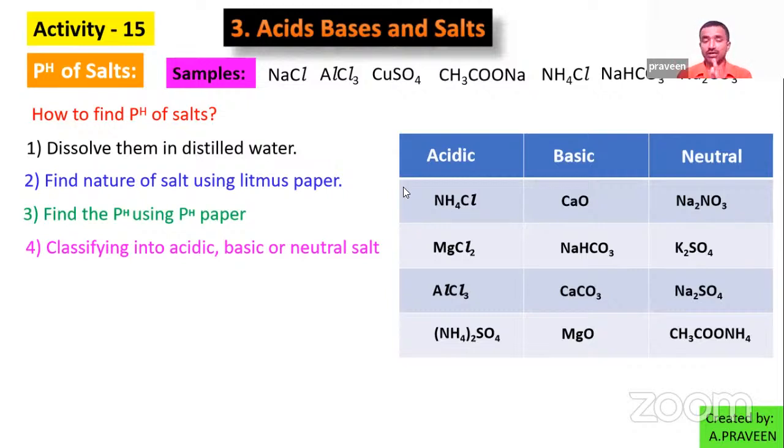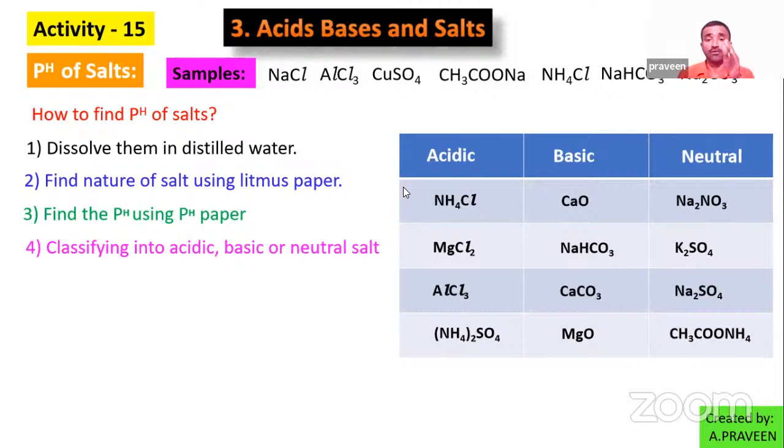To produce that salt, the acid you are taking and the base you are taking are called the parent acid and parent base to get the product MgCl2. So in activity 5, we learned about one reaction to produce the common salt, NaCl. So what are the parent acid and base here? Parent acid is HCl and the parent base is NaOH.